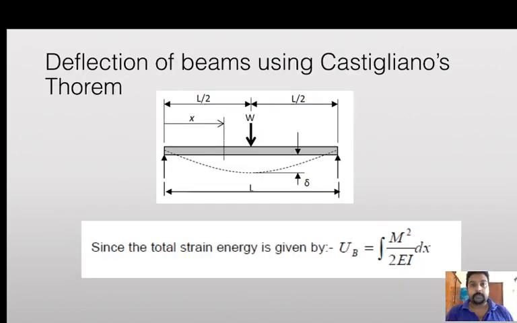Now the deflection of beams using Castigliano's theorem. The total strain energy is given by U equals the integral of M squared divided by 2EI dx.